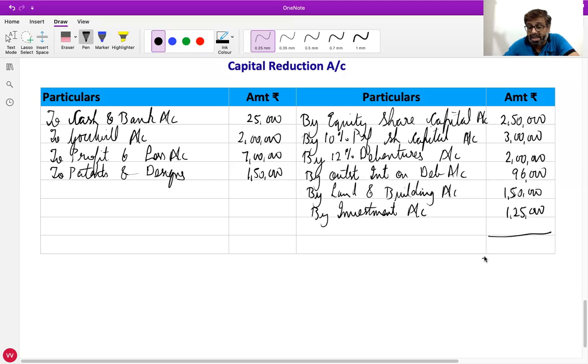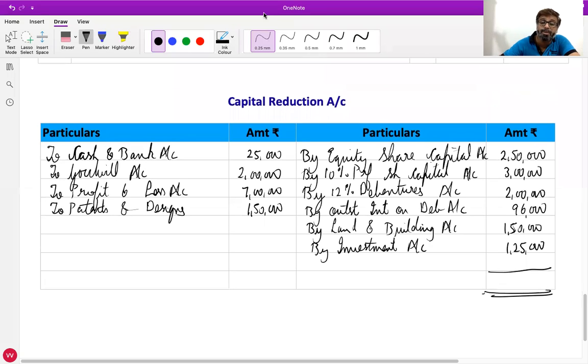So, Dishita, what is the credit side total of capital reduction account? 2,50,000, 5,50,000, 7,50,000, 8,50,000, 10,25,000, 11,25,000, 11,21,000, is it?